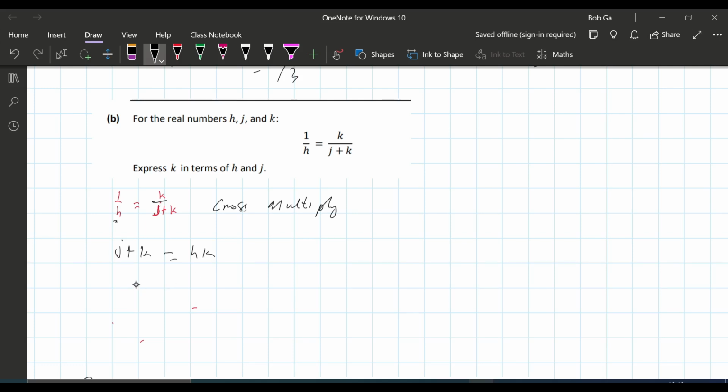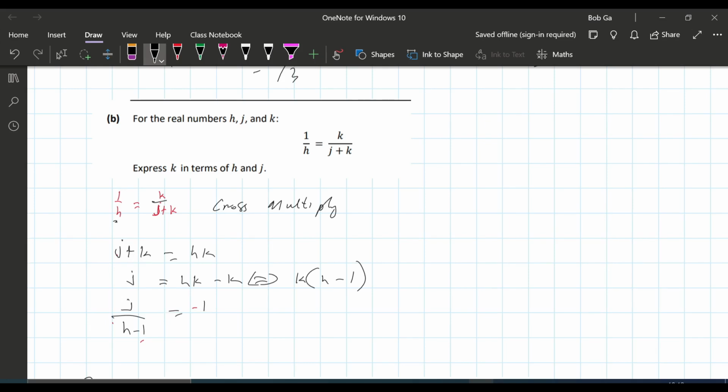So we can say j is equal to hk minus k, which we can factorize. This is the same as k into h minus 1.